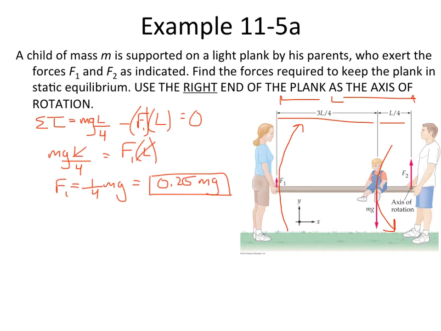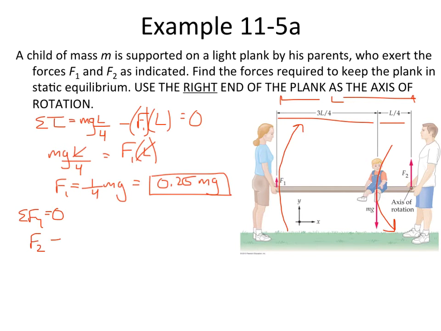So since all the forces in the y direction have to also add up to 0, now we can look at this by saying, all right, translationally, in a straight line in the y direction, net force in the y equals 0. All right, then we should be able to solve for the man's force, force 2. All right, he's applying force 2 upwards.